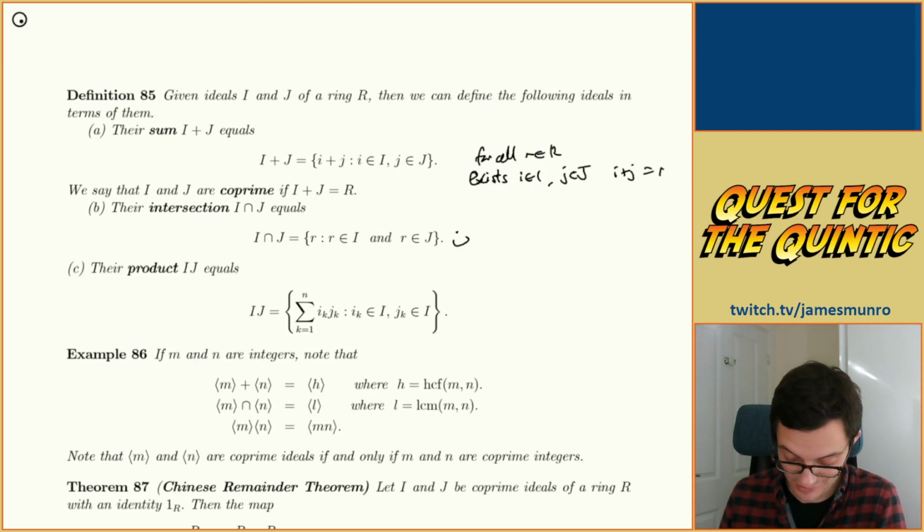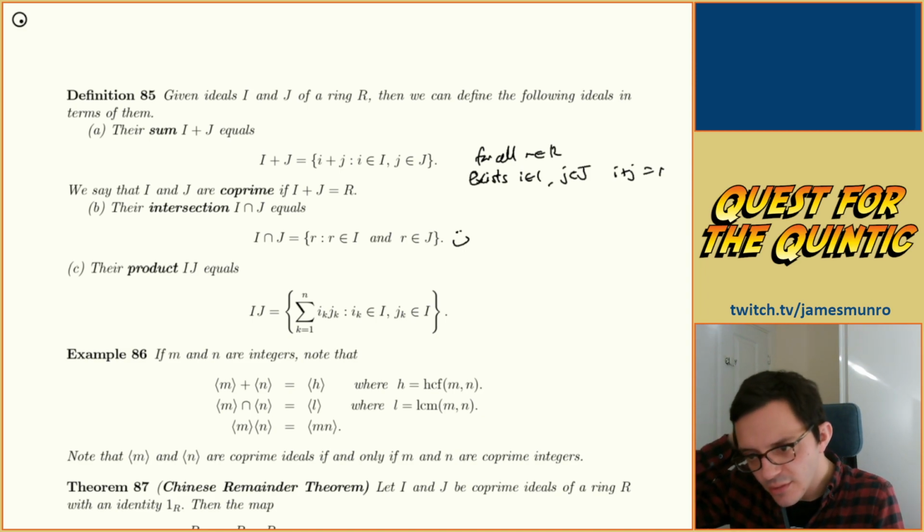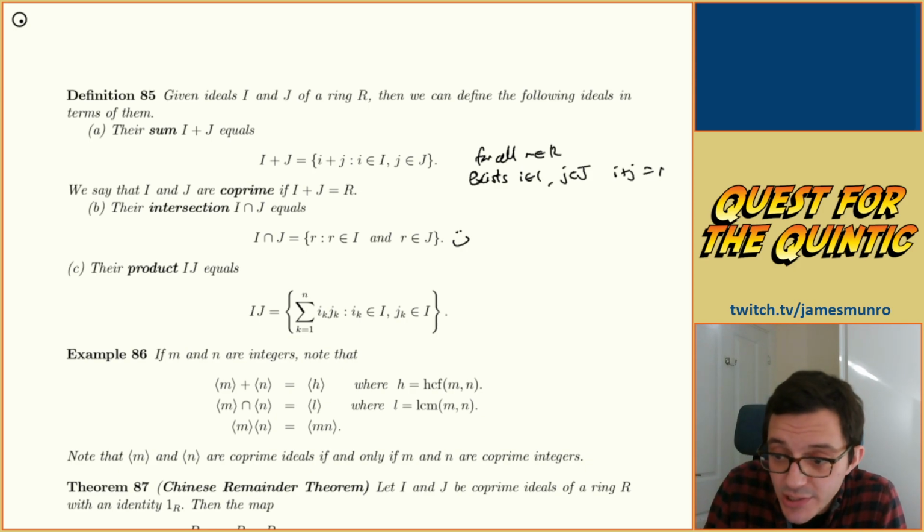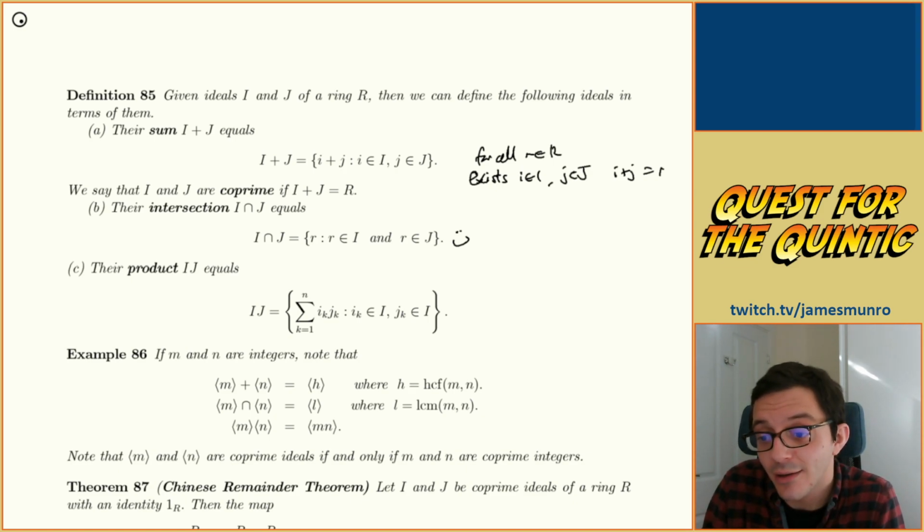This is what you would want it to be. Things that are in both. And the product down here is, oh gosh, why is it sums of things? I guess ideals are closed under summing, so you should probably add these things together, but not multiples. I guess those things are already closed under multiples by R. So fine, okay.